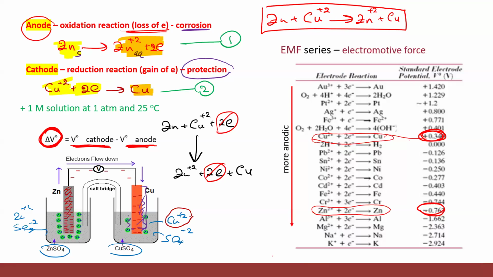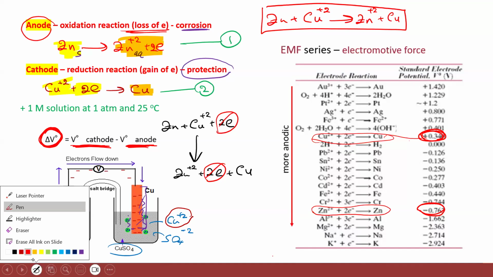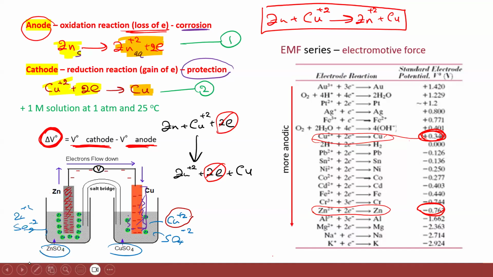I will tell you why we call it V naught, but will you be able to find the potential difference? Cathode voltage minus the anode voltage, what do we get? What do you get?